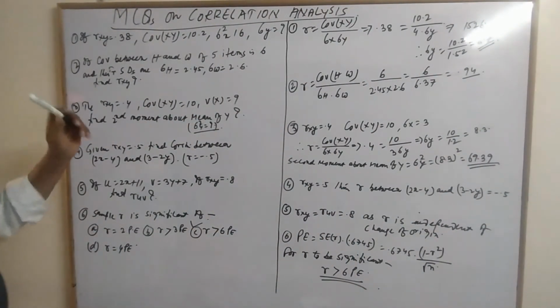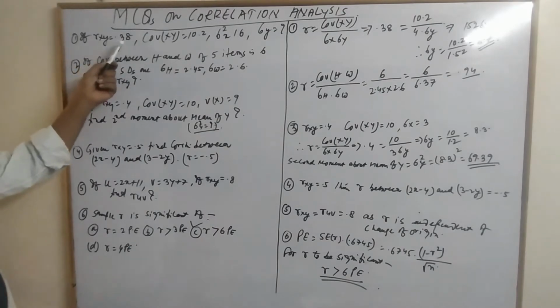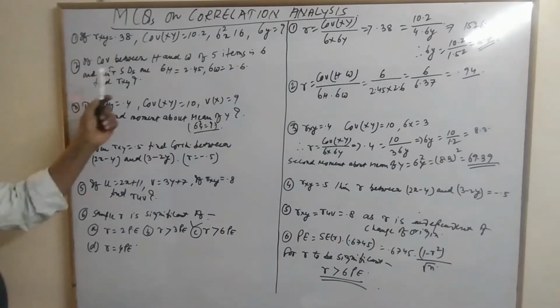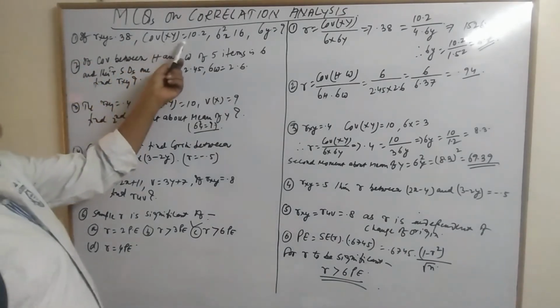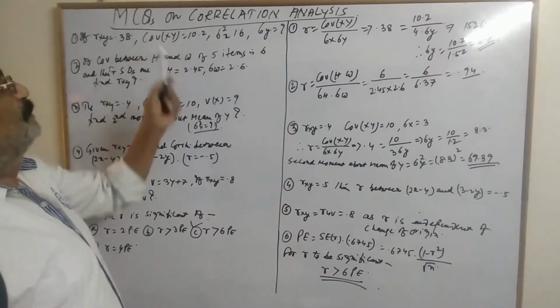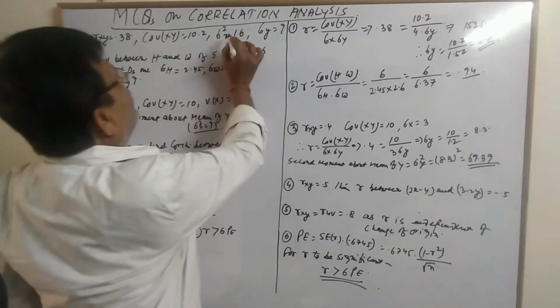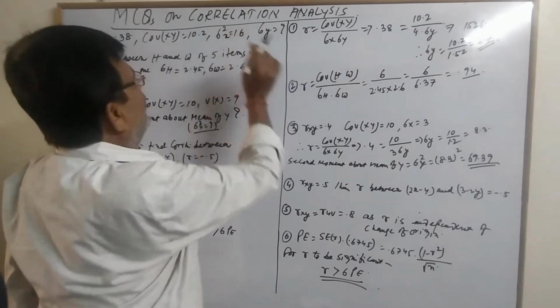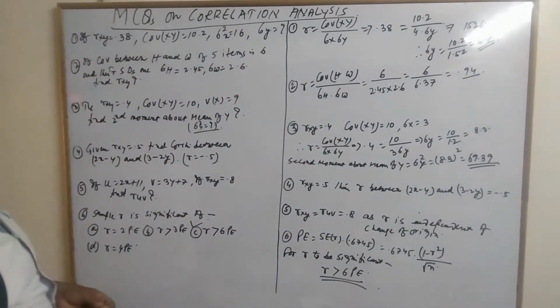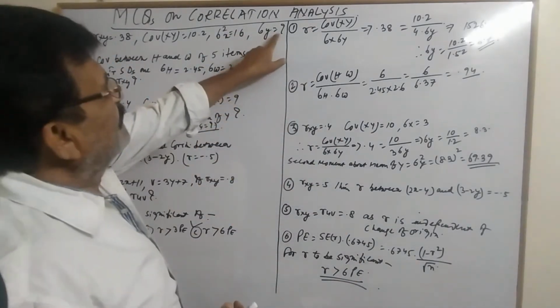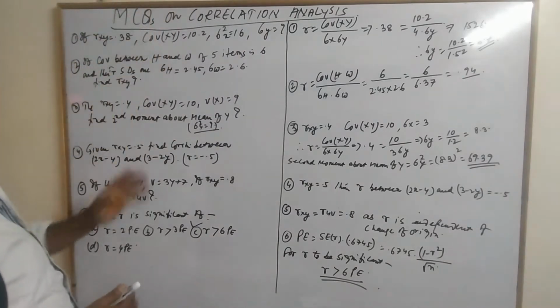First question: if Rxy is 0.38 and covariance xy is 10.2, and variance of x, sigma square x, is given as 16, then we have to find the standard deviation of y, that is sigma y.